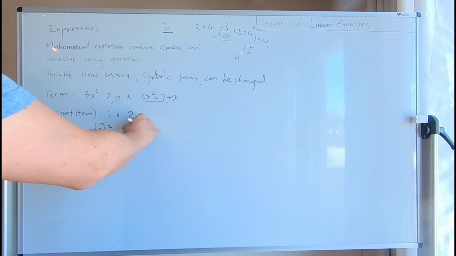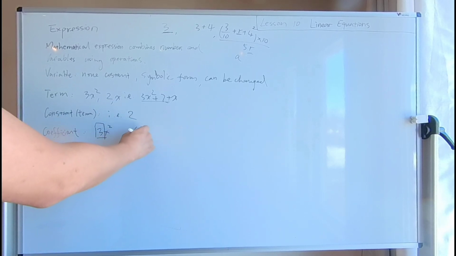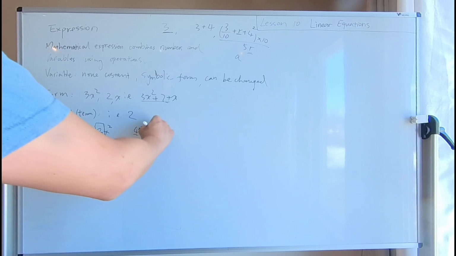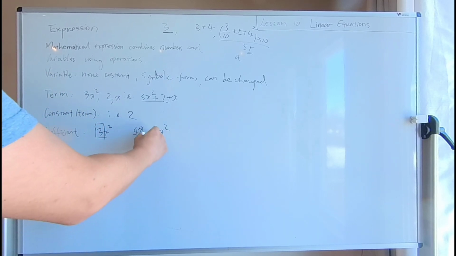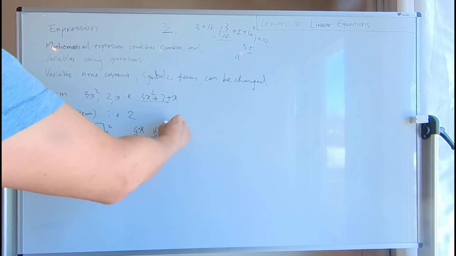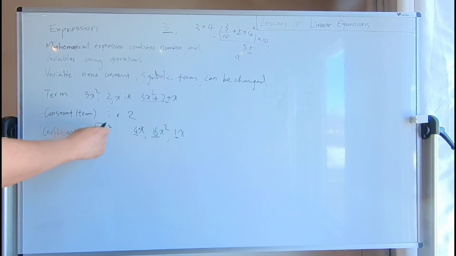So for example, 4x, the coefficient is 4. 16x squared, the coefficient is 16. And even for x, it's equivalent to 1 times x, so the coefficient is actually 1. Basically the coefficient is the multiplier in front of the unknown variable.